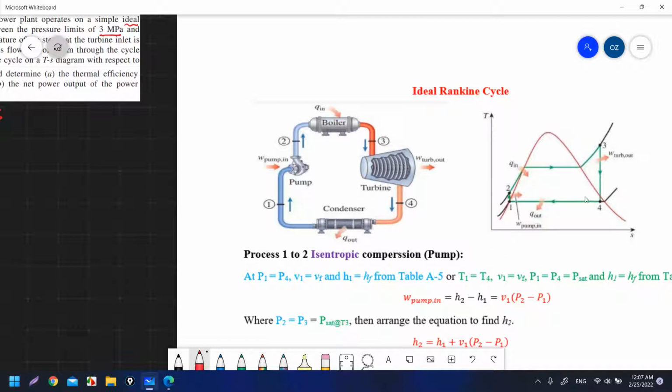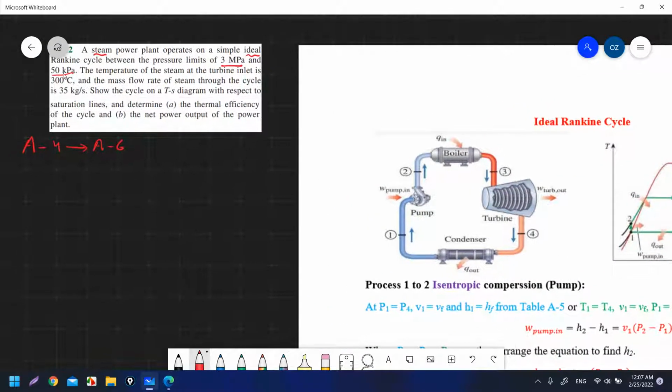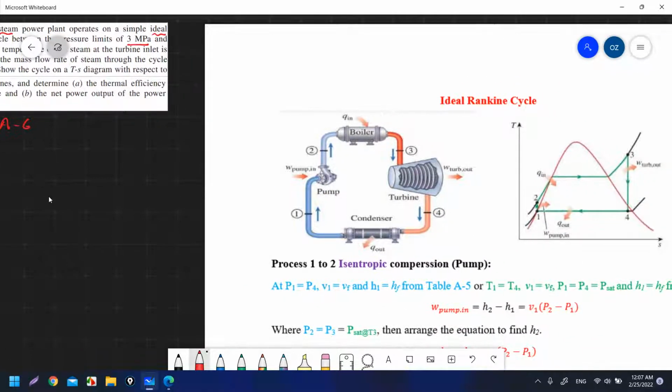The condenser is here, so the lower pressure, 50 kilopascal, is this one here. It is 50 kilopascal for the condenser pressure, from 4 to 1. It moves like this from 4 to 1, and 3 megapascal is here.